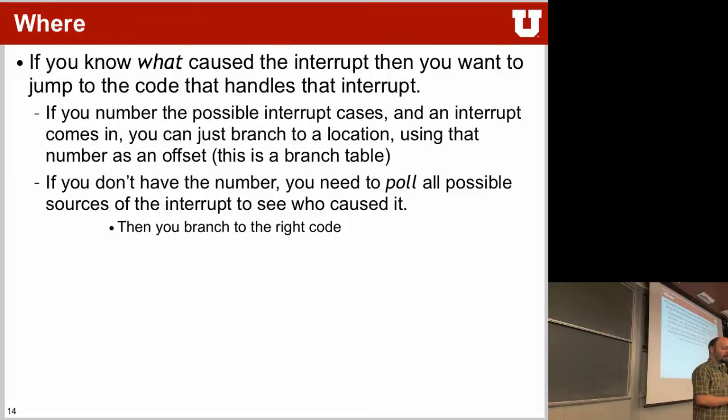So let's answer the question of where. If you know what caused the interrupt, then you can jump to something that you registered for that. Makes pretty easy sense. Now, luckily, every interrupt has a number, the interrupt number. And the ARM Cortex defines a branch table, a huge table in memory which has just function pointers inside of it.